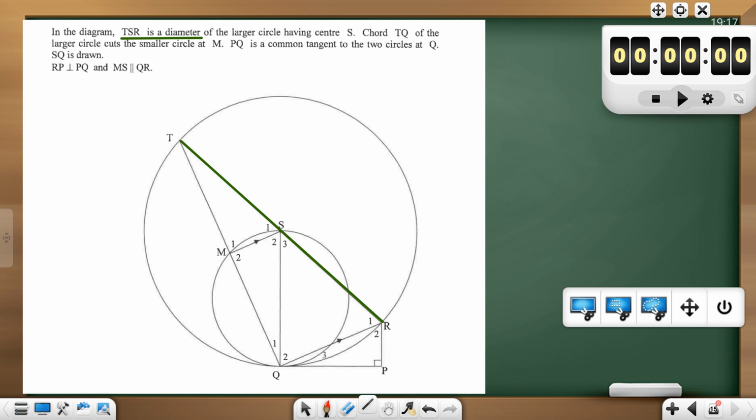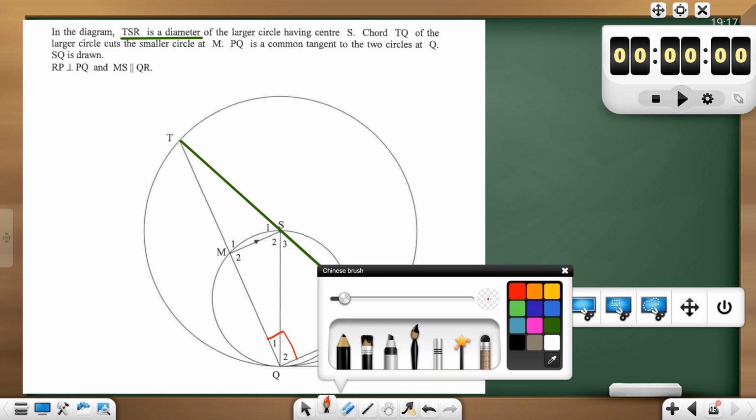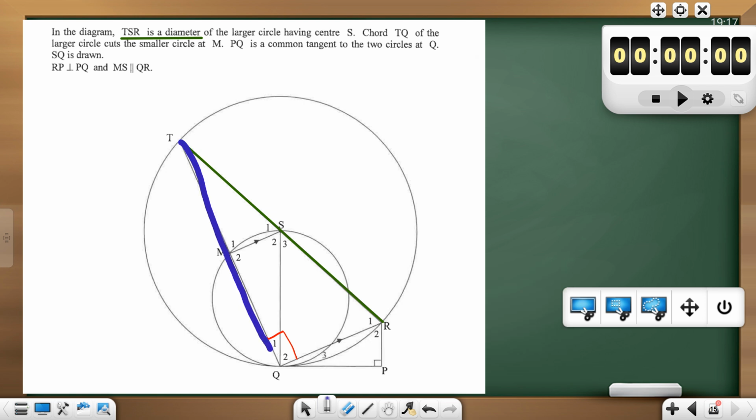Samika says Q1 plus Q2 is 90 degrees. Perfect. Can somebody give me the reason? Angle in a semicircle. Beautiful. Angle in a semicircle, guys. That's how we work. Now, chord TQ, let's look for TQ. You see, guys, I'm not reading, I'm taking my time. TQ of the largest circle cuts the smaller circle at M. Okay, that's not important.